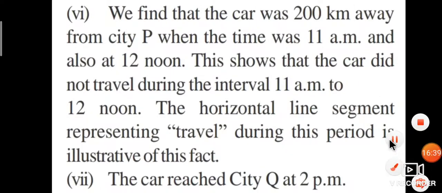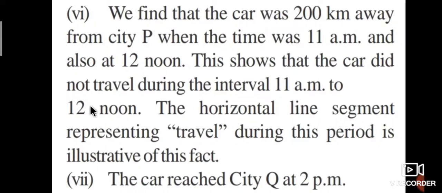Okay, next question is, we find that the car was 200 km away from the city P when the time was 11 am and also at 12 noon. This shows that the car did not travel during the interval 11 am to 12 noon.